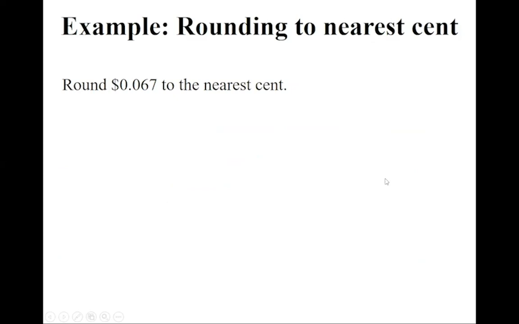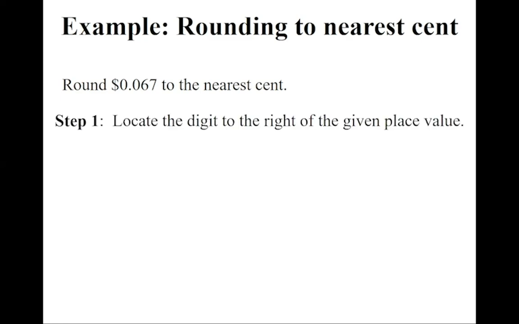What about money? Round $0.067 to the nearest cent. Well, we know dollars and cents. We live with dollars and cents. Cents has 2 decimal places. This is asking us to round to the nearest hundredth. Locate the digit to the right of the given place value. The given place value, cents, that's a 6.